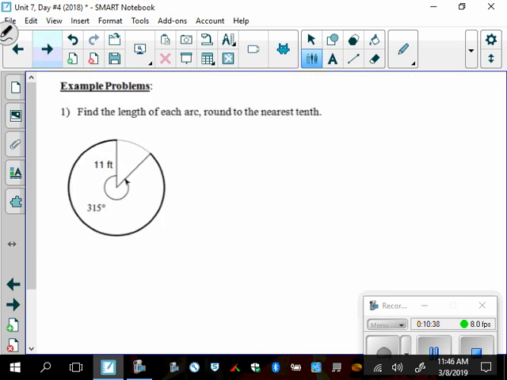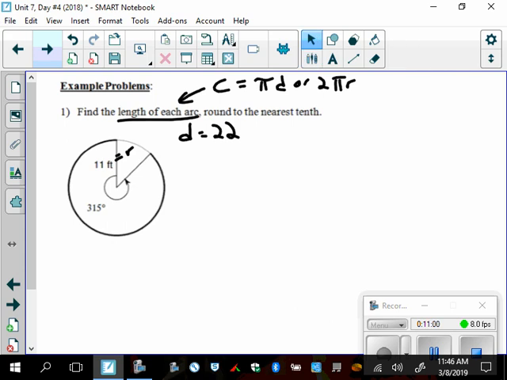Okay, so the main thing is we figure out, do I use circumference or do I use area? This one's the length of the arc. This is a portion of the circumference, so I would use pi d or 2 pi r. All right, they're telling me in the picture 11 is my radius. That makes my diameter 22. And I'm trying to figure out how many feet go around the circle from there to there.